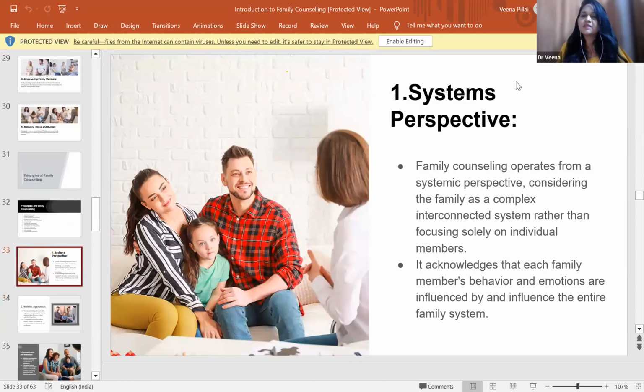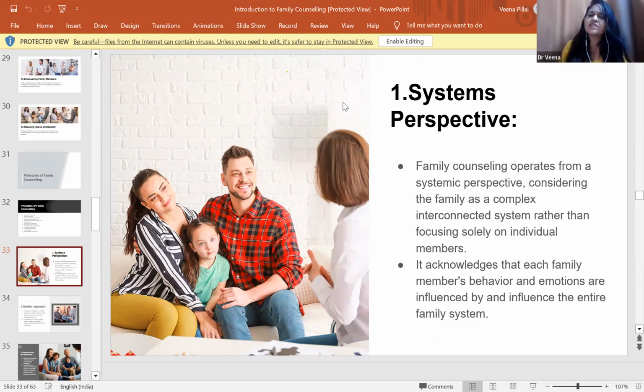So when we talk about the systems perspective, family counseling operates from a systemic perspective. It considers a family as a complex interconnected system rather than focusing solely on a particular person. So it's a collective of individuals, a whole bunch of all the family members within the structure.